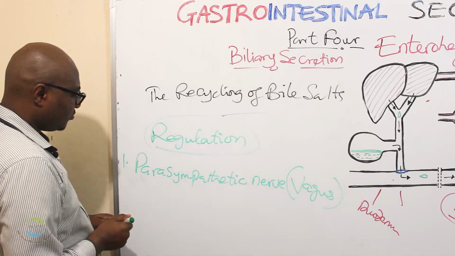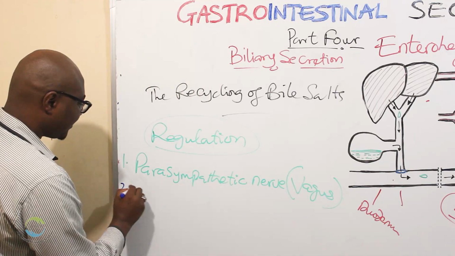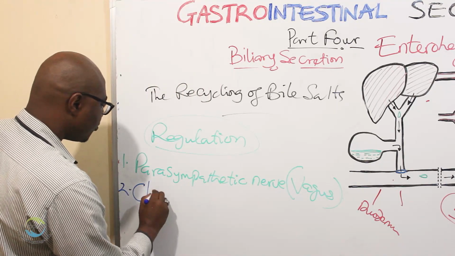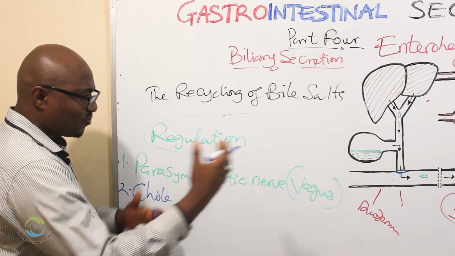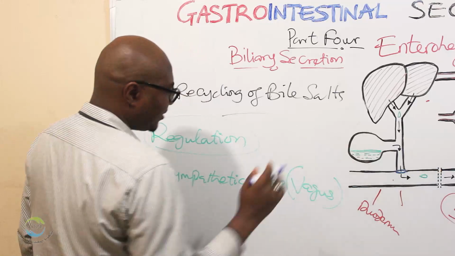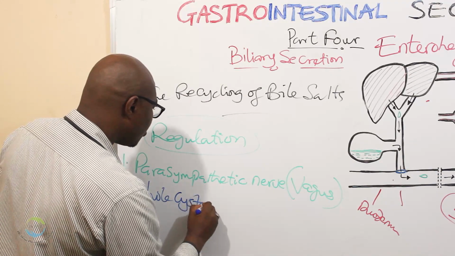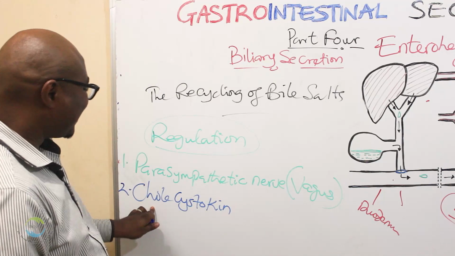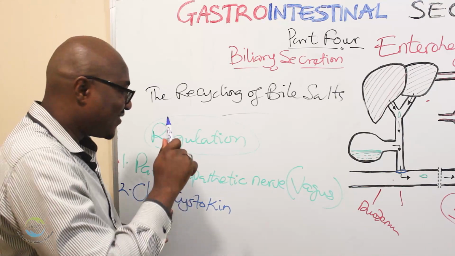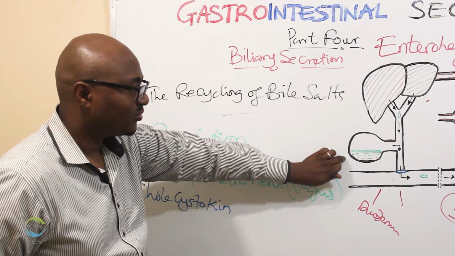Okay? Then the hormonal part of it, now very interesting. There's this hormone we even mentioned in pancreatic secretion. It helps in pancreatic secretion also. So they are together. Cholecystokinin. And the funny thing about this is that this hormone derived its name from its function.